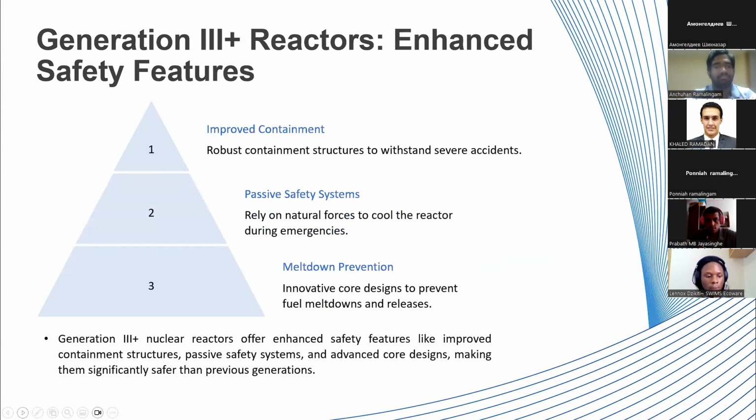Next slide. Generation 3 plus. Now, to increase operational safety even more, passive systems were introduced, and more meltdown prevention methods and improved containments were added into these kinds of reactors.